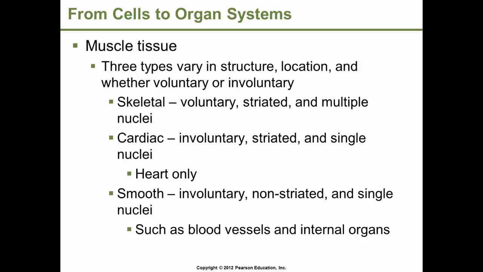The cardiac is an involuntary muscle. It is striated, but it has a single nucleus, and it's located, of course, in the heart only. Smooth muscle is involuntary. It lacks striations, or it's non-striated, and it has a single nucleus. These are found in many areas of the body, such as in blood vessels and internal organs.